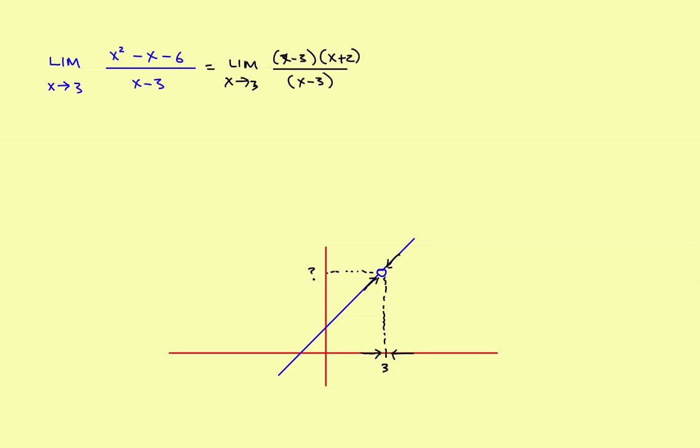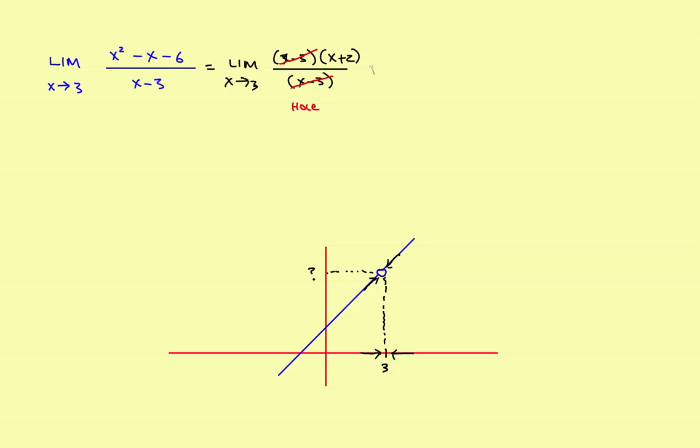Now what you'll find is this. You've got an x minus 3 in the top, you've got an x minus 3 in the bottom. These will cancel out. So this one will cancel out this one. And if they cancel out, that is where you have a hole. So if you can cancel it out, you have a hole.